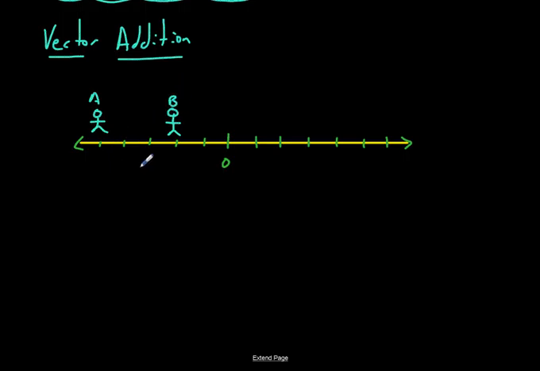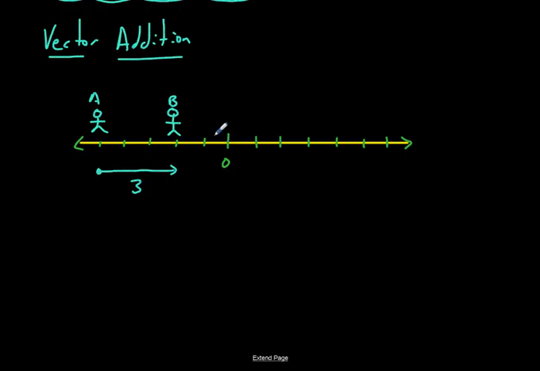Okay, so we're going to say that this is vector A, and it is 1, 2, 3. Okay, now how did I get 3 from there? Well, I get 3 because I know that the difference between B and A is 3.